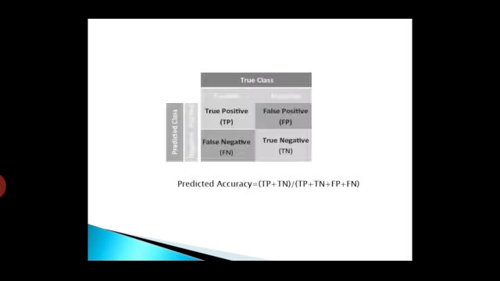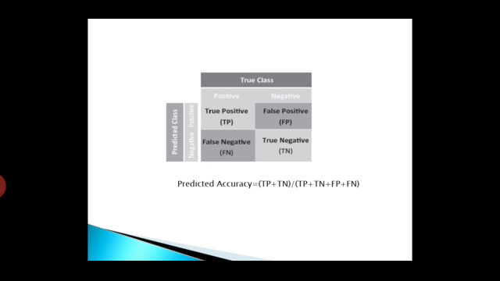Now the confusion matrix is given as shown in this particular slide. We can see it is a matrix of true classes versus predicted classes. The first column in the first row is true positive, followed by false positive, then followed by false negative and true negative.